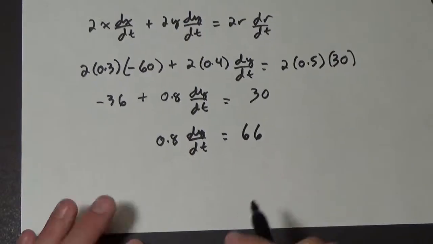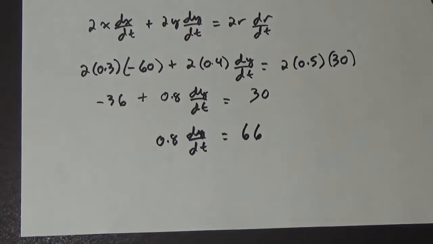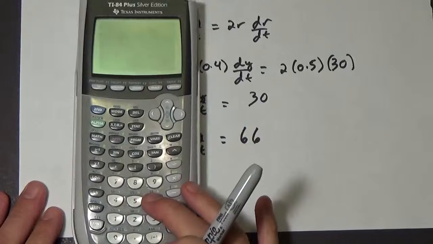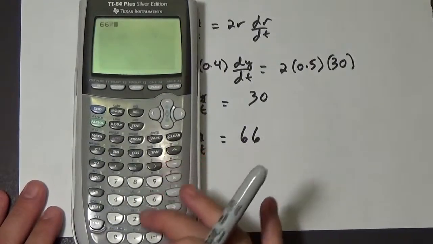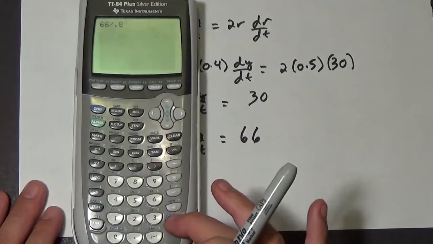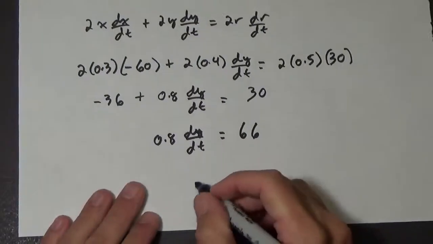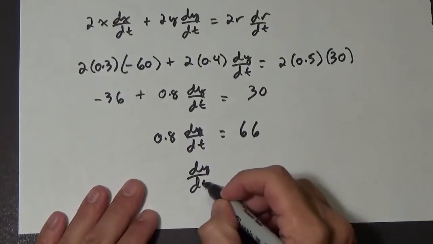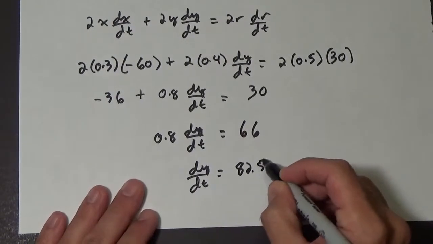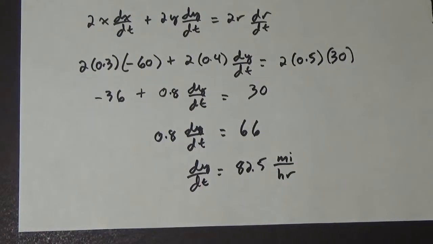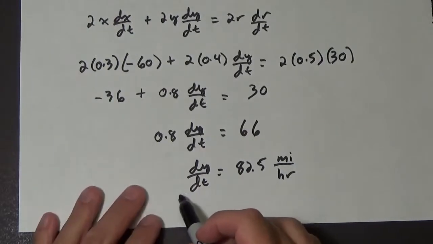Then we divide each side by 0.8, which I'm going to do on a calculator. 66 divided by 0.8 gives us 82.5. So dy/dt equals 82.5 miles per hour. So there we go. Let's put a box around that.